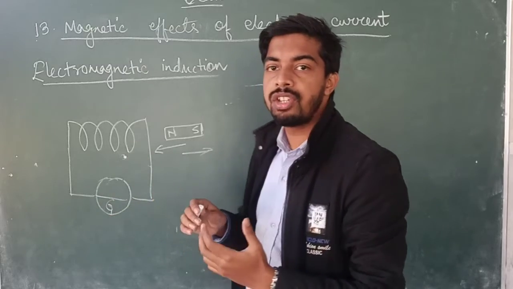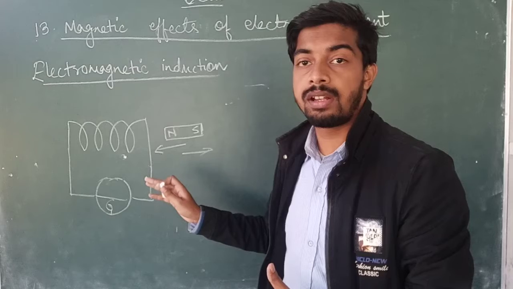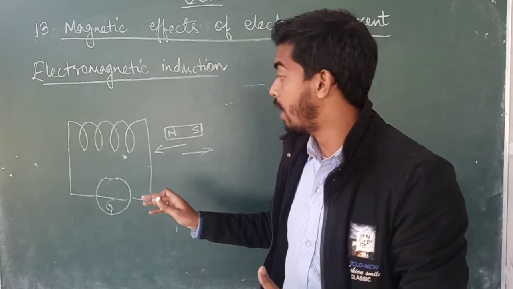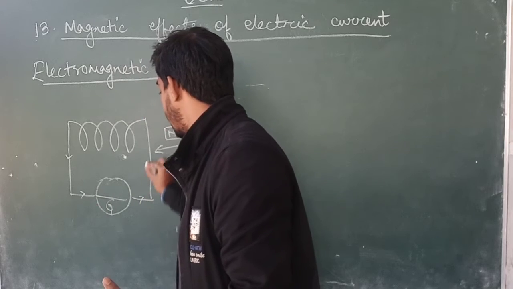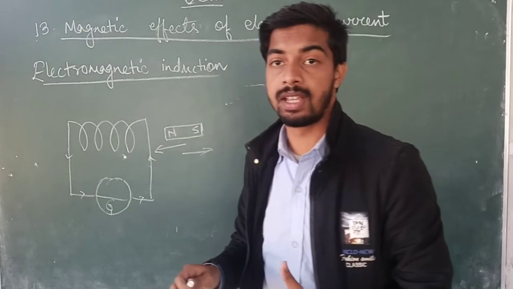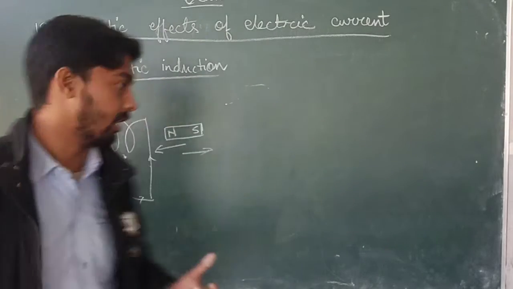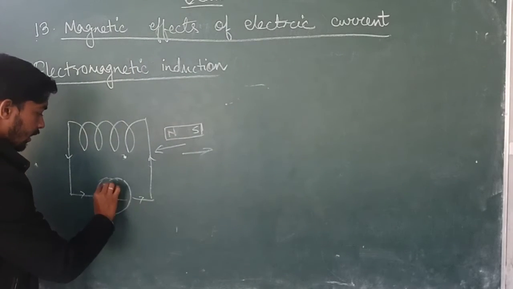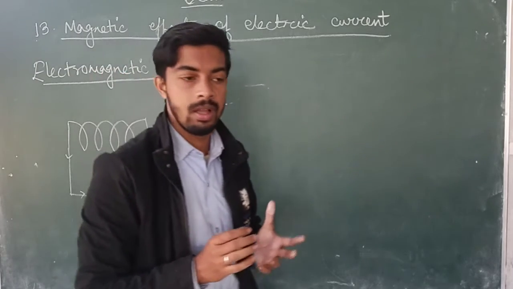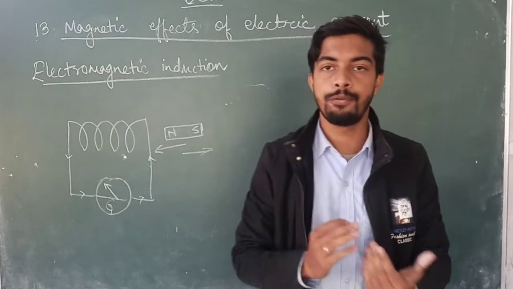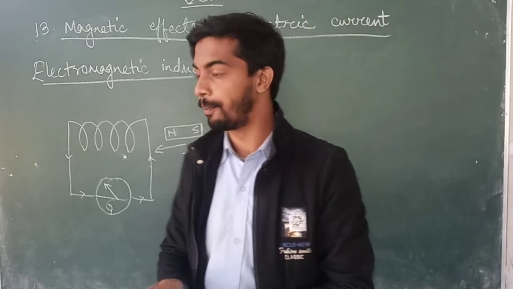Due to this change in magnetic field in the conductor, the electrons present in the conductor start to move, and when electrons move, we know that electricity is generated, basically moving current. So this is how he showed that moving a magnet back and forth near a coil can help us generate electricity.